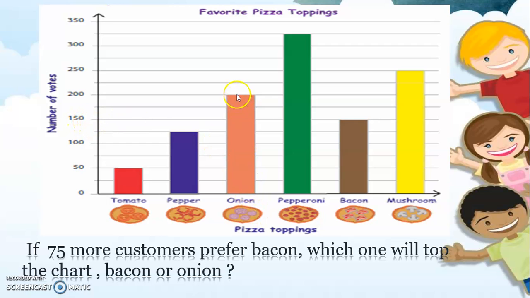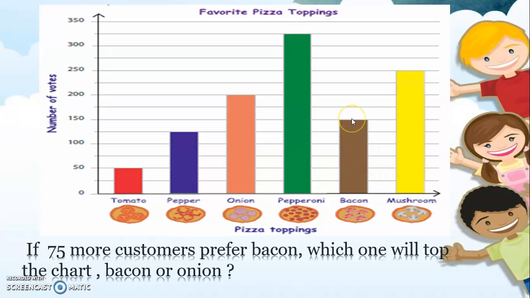Next, the onion is here, which stops at exactly 200. Each line, as we counted, is equal to 25 customers. So if we stop here, it will be 175, then 200.